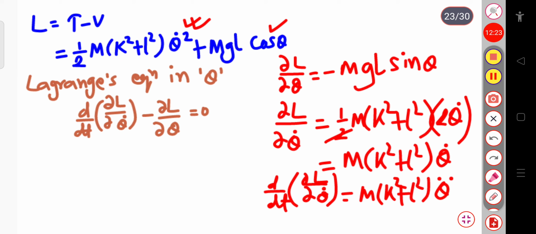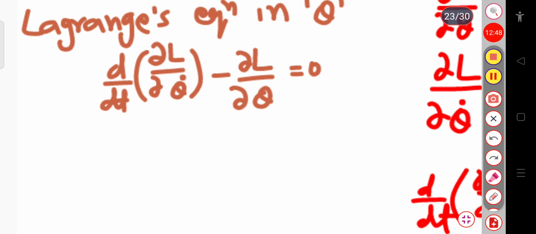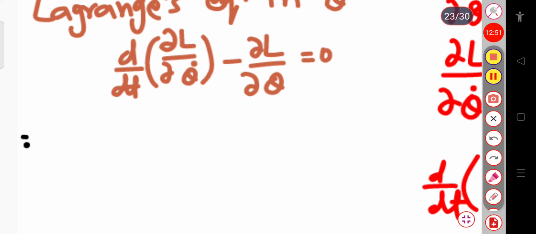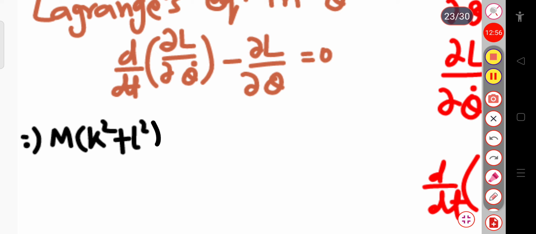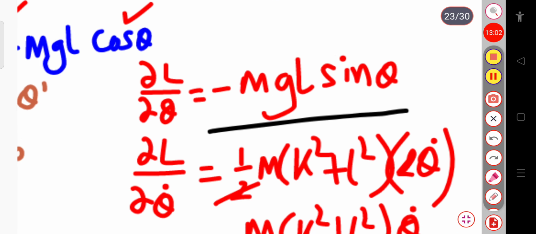Now if I put all these things in the Lagrangian equation, the first term will be m into k square plus l square whole into theta double dot, minus the second term, where in place of del L by del theta we write minus mgl sin theta.